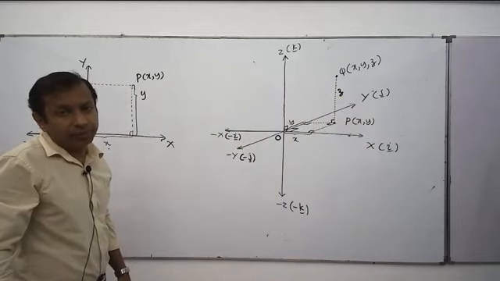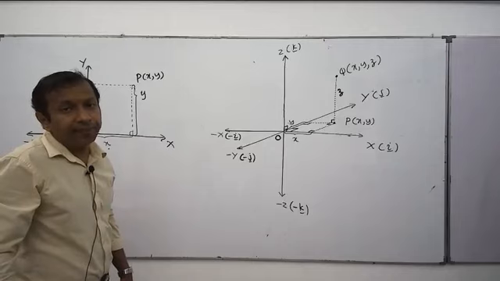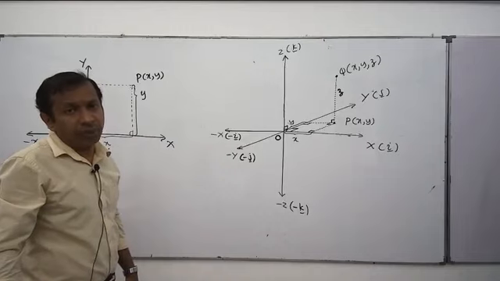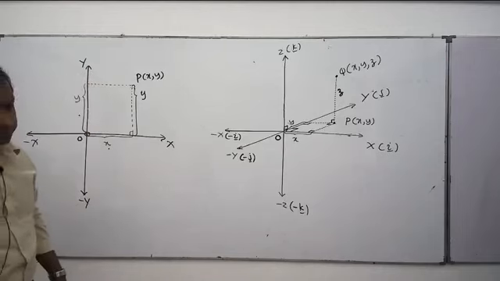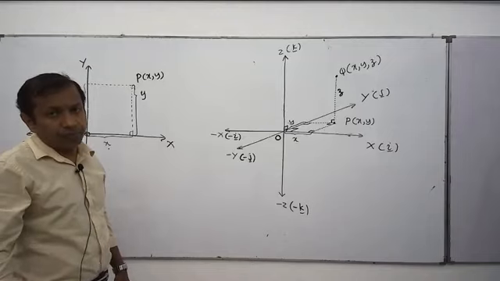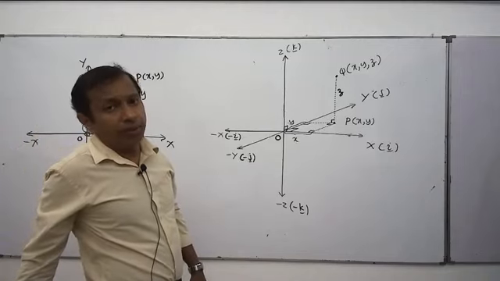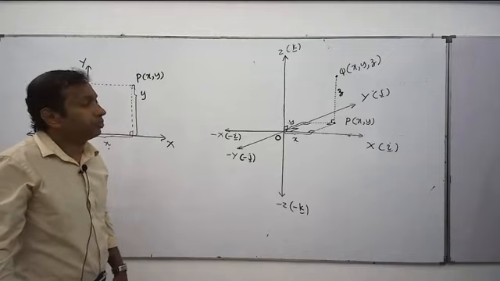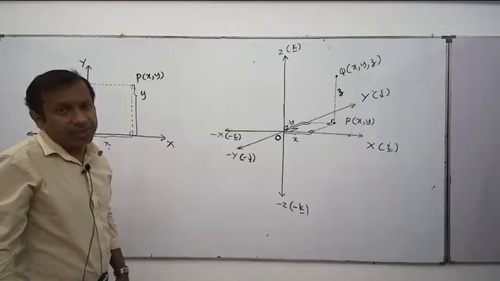Here, to explain the position of the point Q, we need three data, namely simple x, simple y, and simple z.